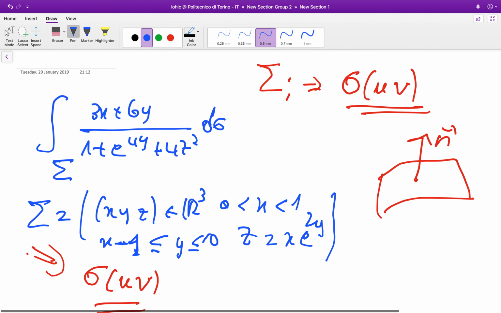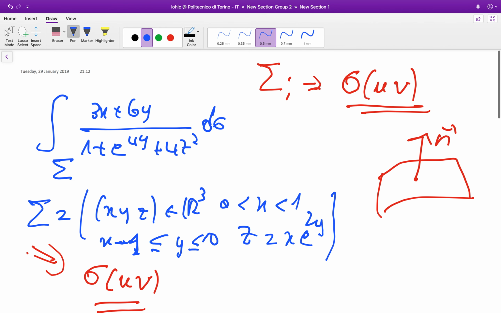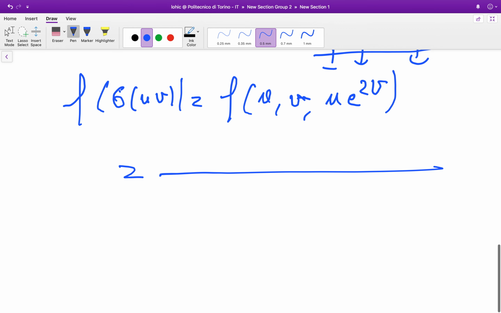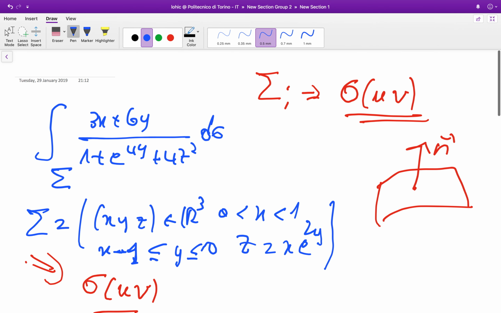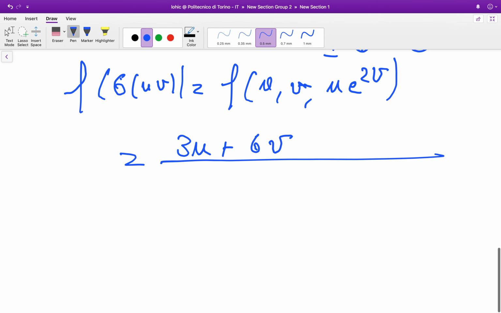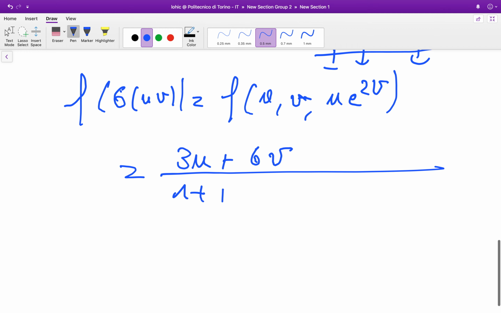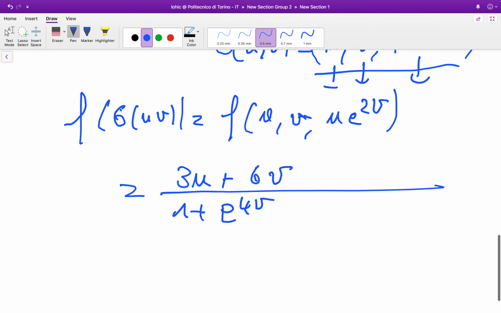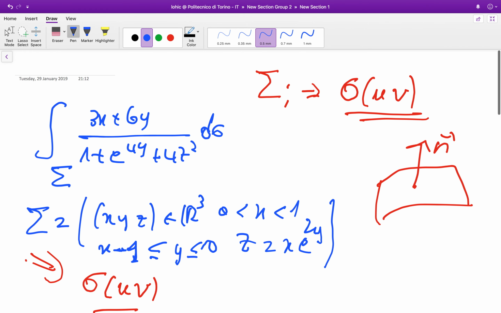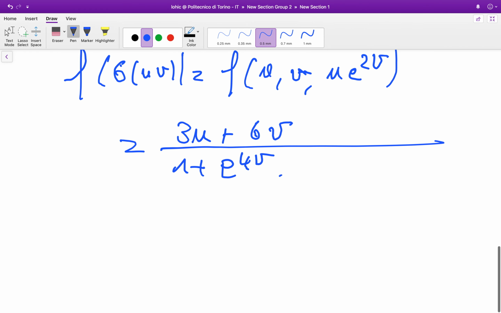So going up it will be 3u plus 6v, divided by 1 plus exponential of 4v, plus 4z plus 4.